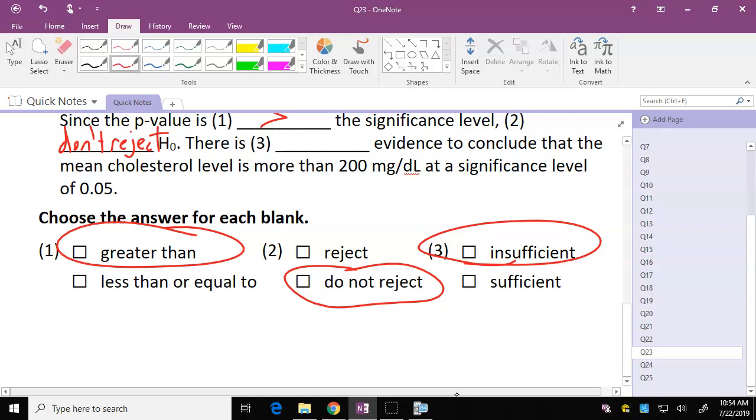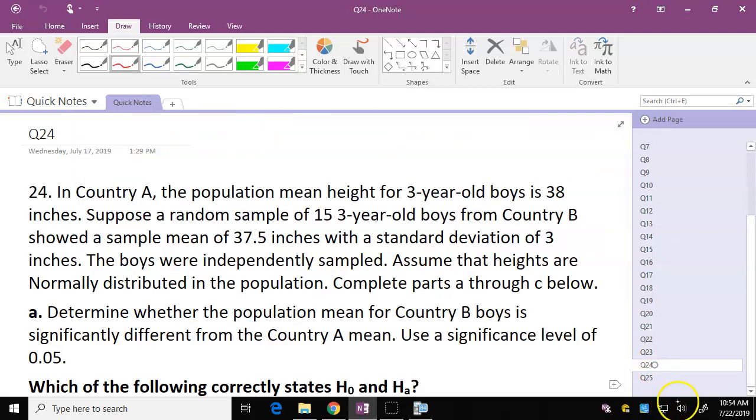Everyone good? All right. Number 24 is, again, coming from 9.4. In country A, the population mean for 3-year-old boys is 38 inches.